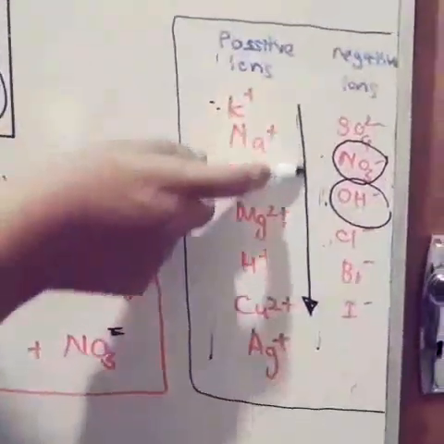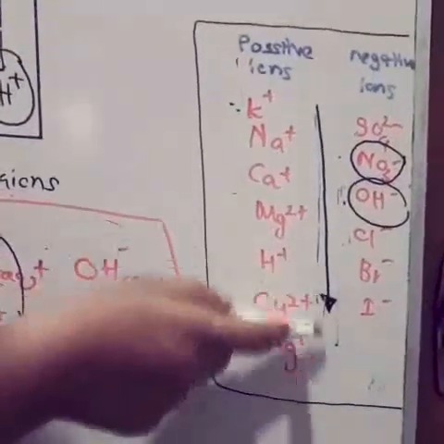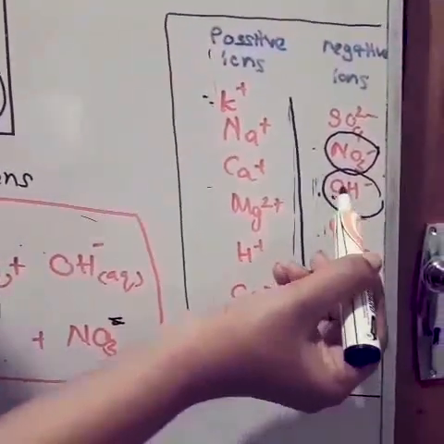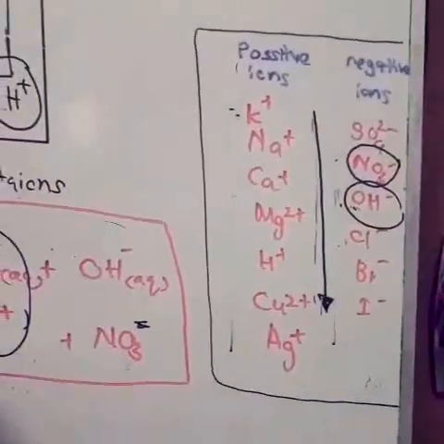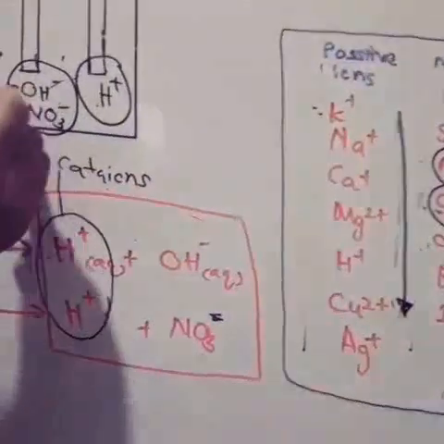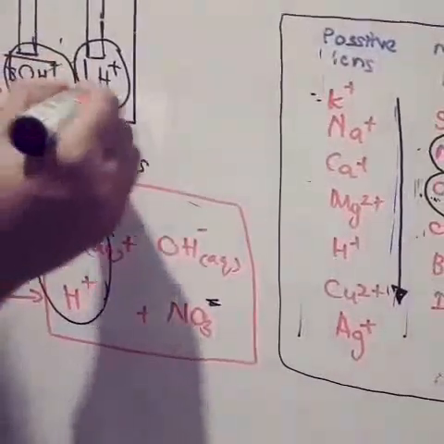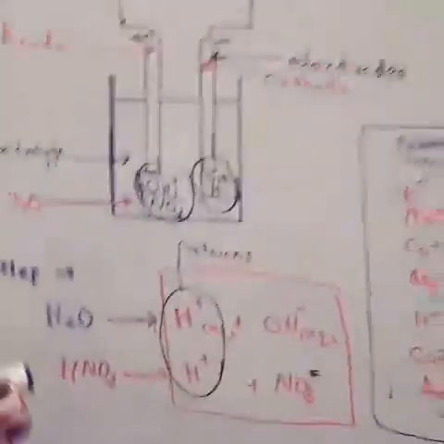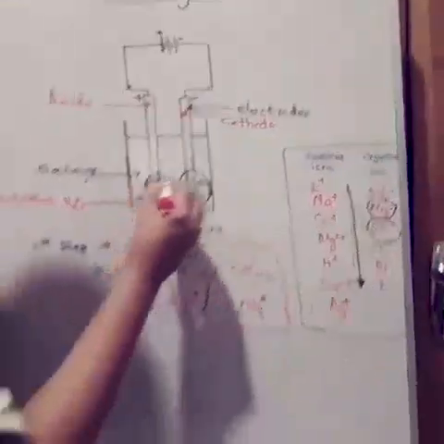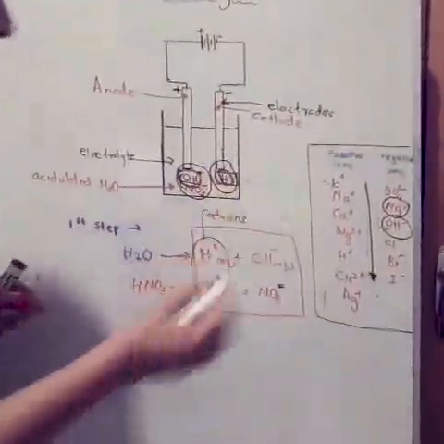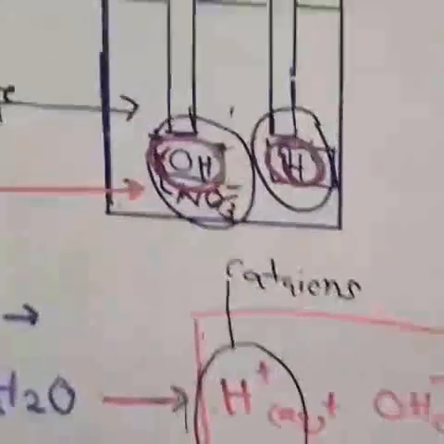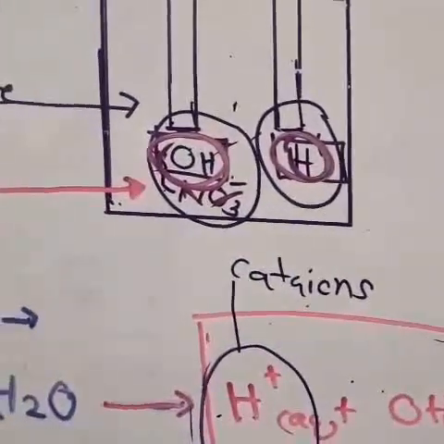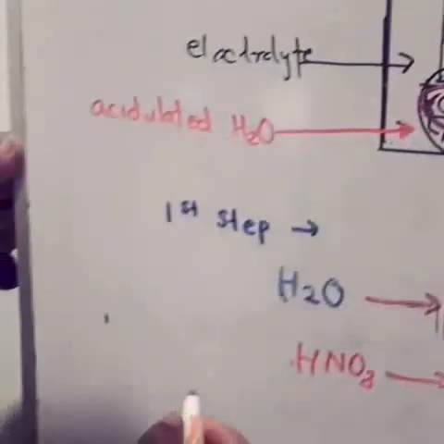Because the ability of decomposing is increasing towards the down, OH will be the reacting thing here. So I will select OH and hydrogen. In the third step, we select these, and hereafter we don't want to deal with other ions. Now we'll write the anodic and cathodic reactions.